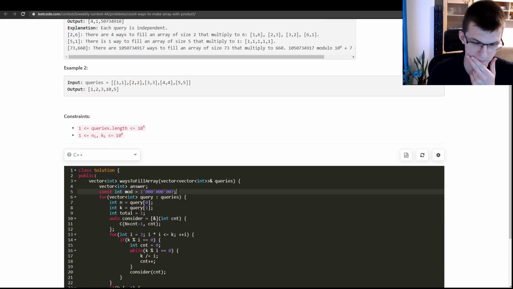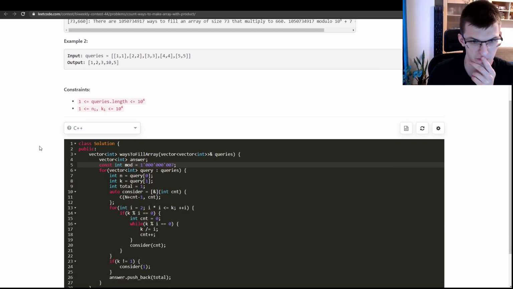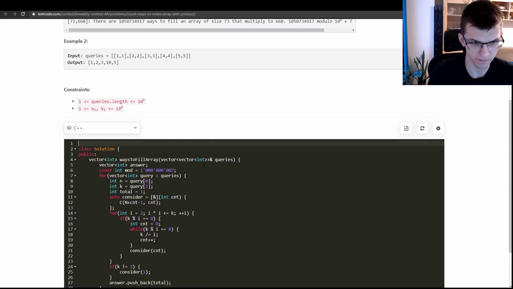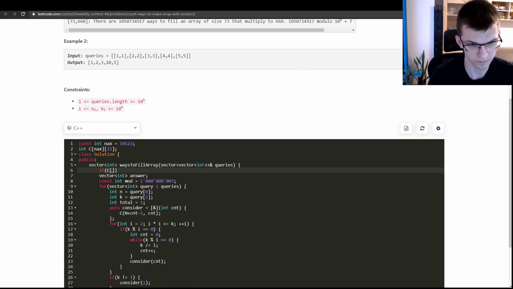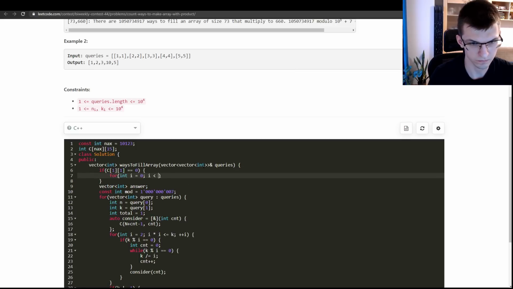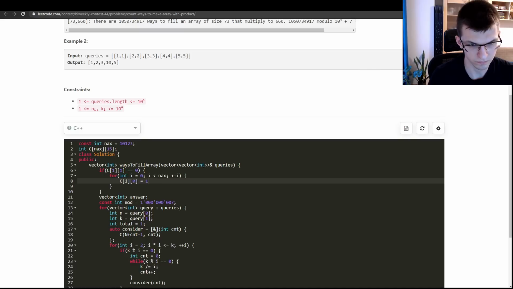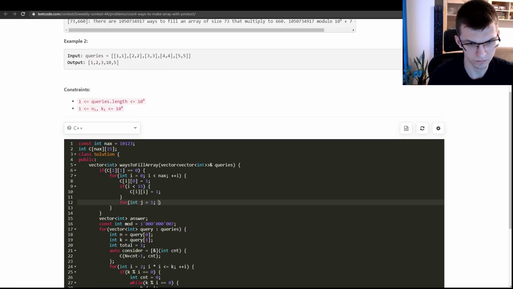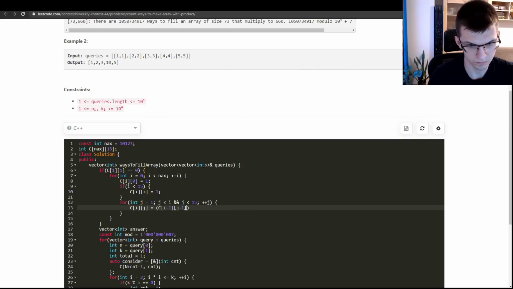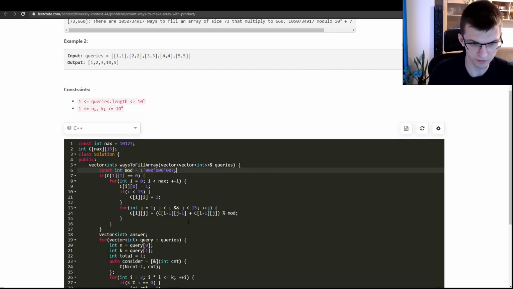It's big. 2 to 15th power even. I'm pre-computing binomial coefficients.